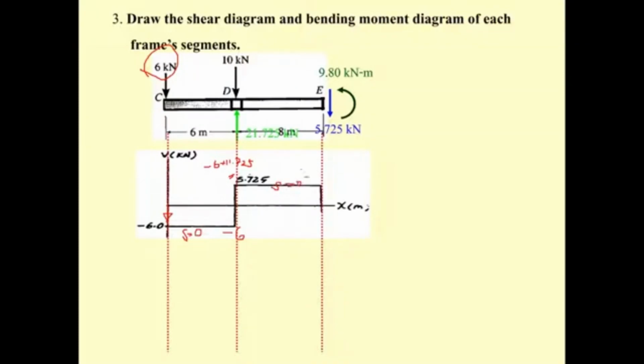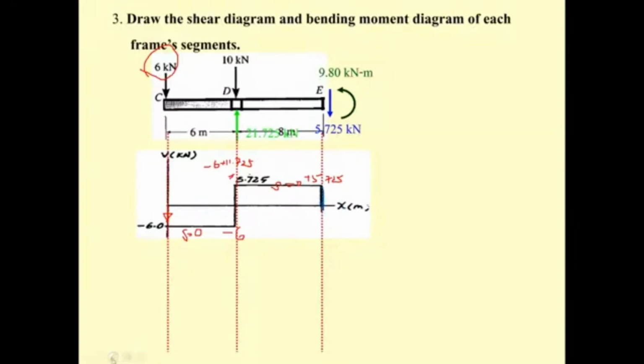And then this is going to be plus 5.725. And then you get this downward shear. Take the downward move here, and it's going to cause the shear diagram again.